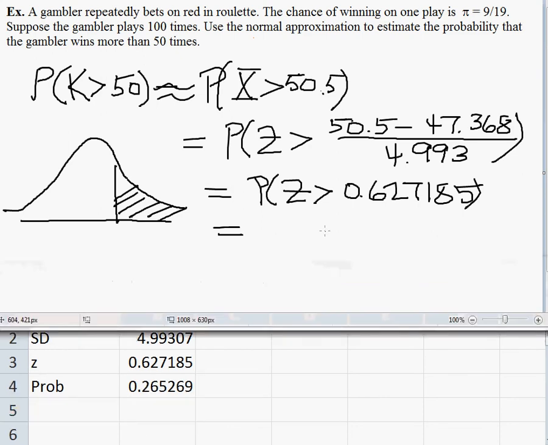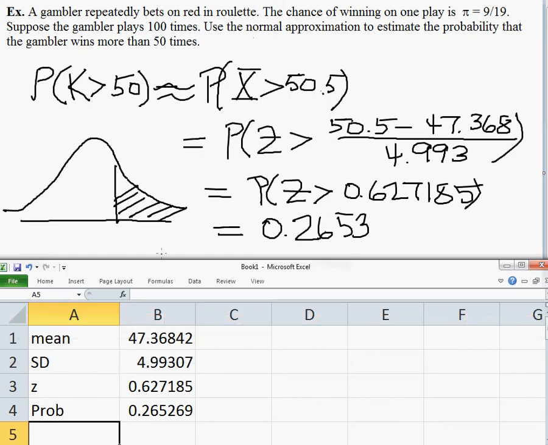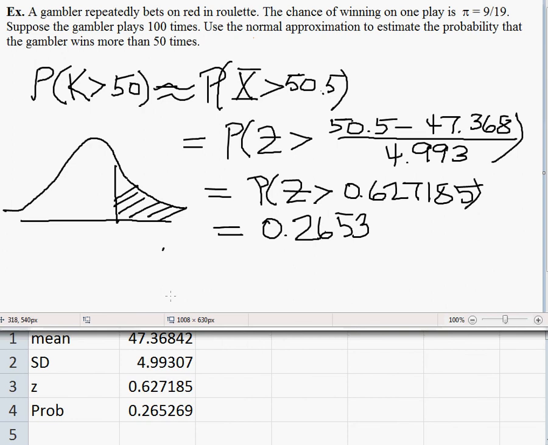And so I get the probability of 0.2653, rounding it off to 4 decimal places. So there's about a 26.5% chance of coming out ahead by winning more than 50 times. So that's the way the problem goes here.